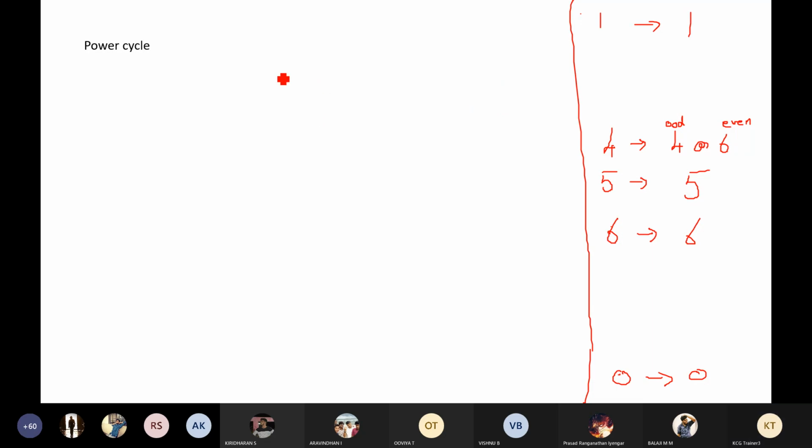Okay, moving on. We'll take a different number. For example, 689 power 793. What will be the last digit of this one?